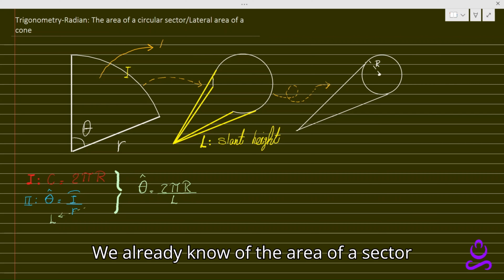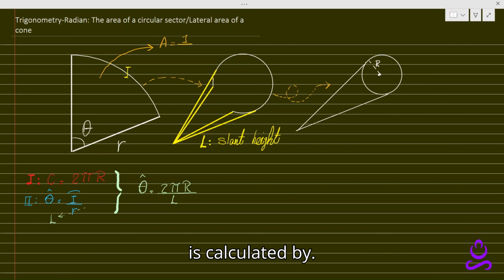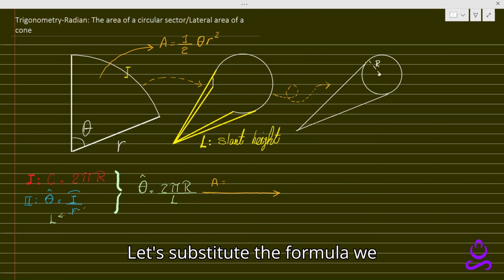We already know the area of a sector is calculated by theta r squared over 2. Let's substitute the formula we just found for theta into this equation.